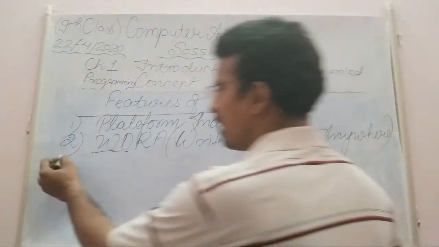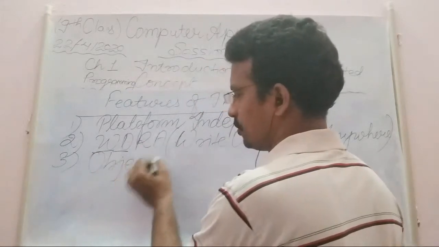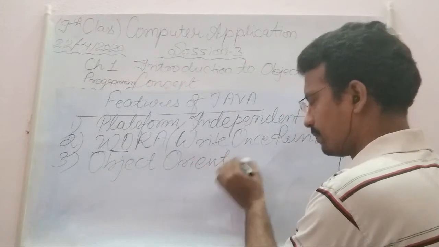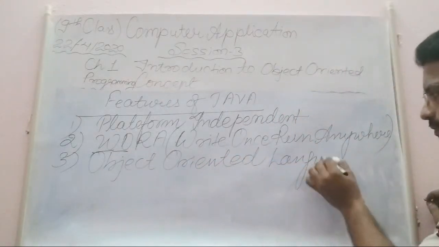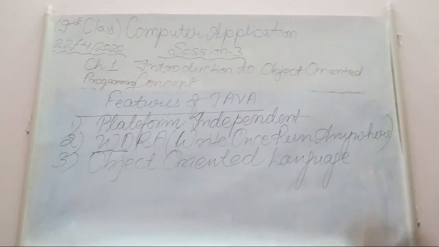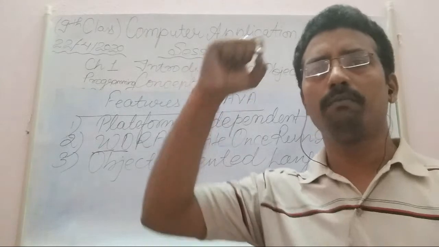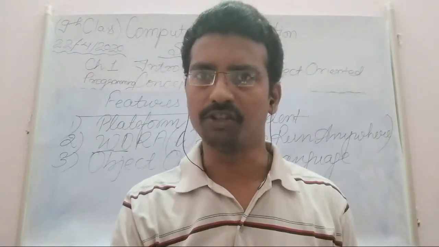Next, Java is an object-oriented language. This is one of the most important features of the Java language.